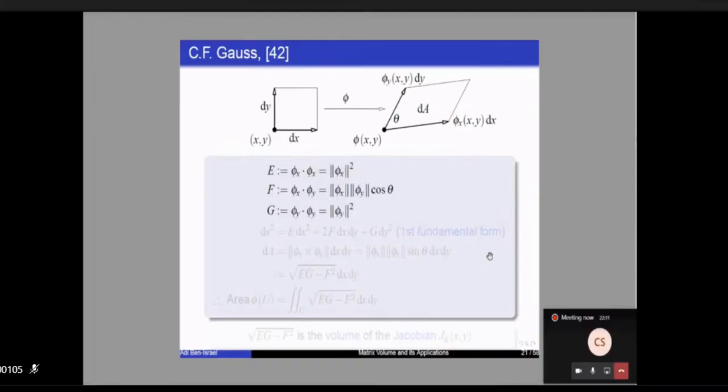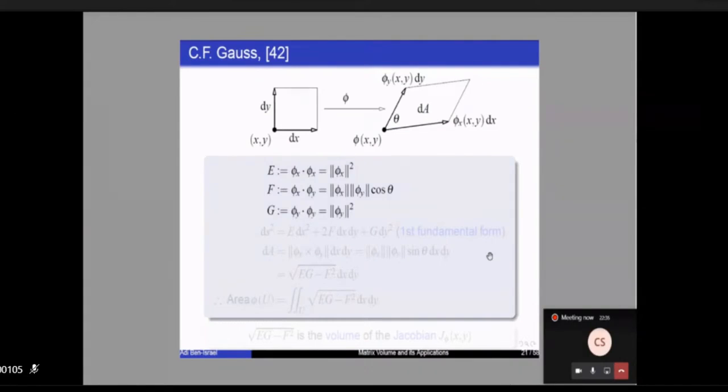On the left, we have a part of the XY plane. On the right, we have a part of a surface obtained by mapping the XY plane into the surface by the mapping phi. And we define three objects, E, F, and G. E is the dot product of the X gradient of phi with itself.